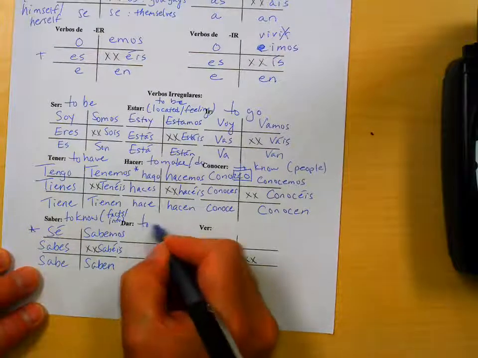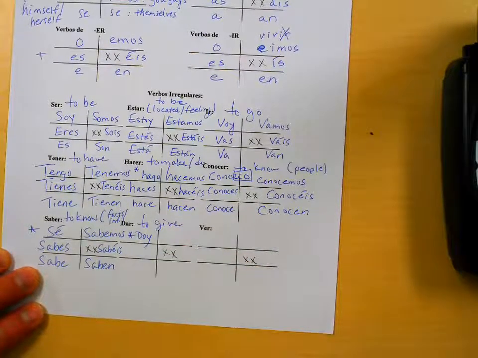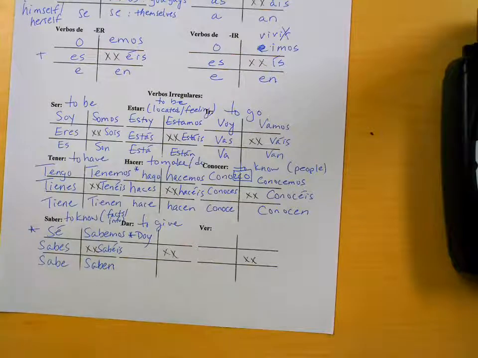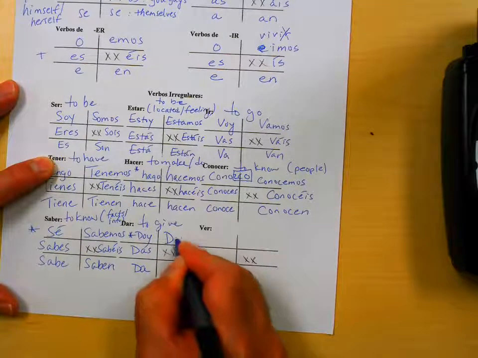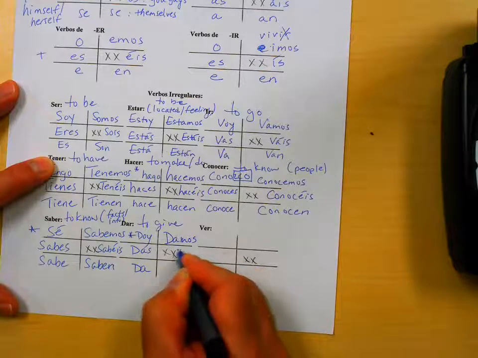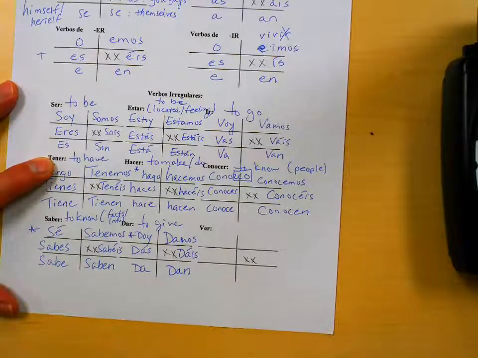Dar is our verb to give. It's only weird again in the yo form. That's why these are all kind of together in this bottom row, because they're going to have a weird yo form. So I give is doy, das, da, damos, dais, and dan.